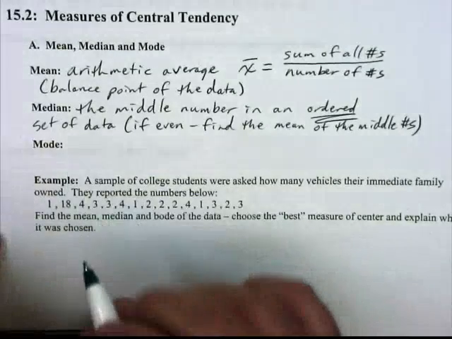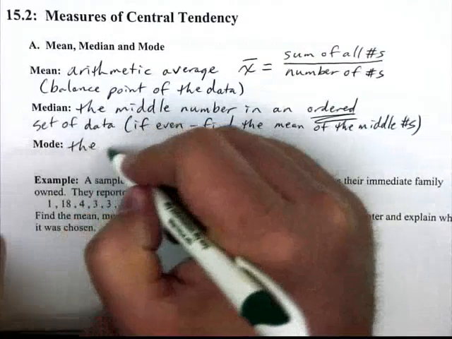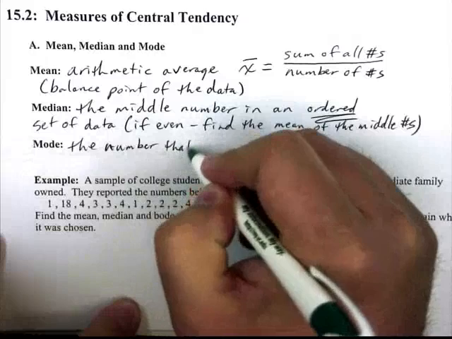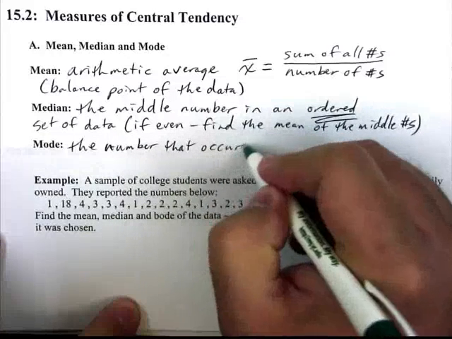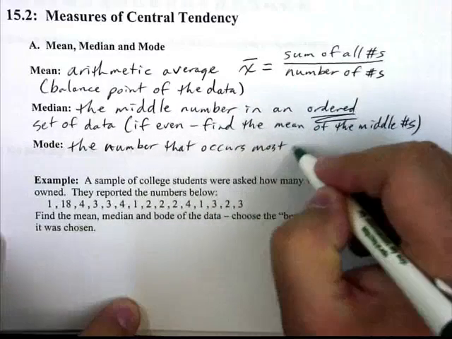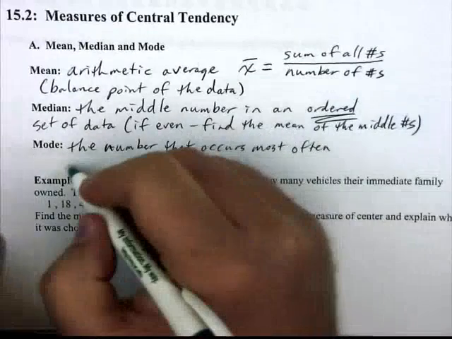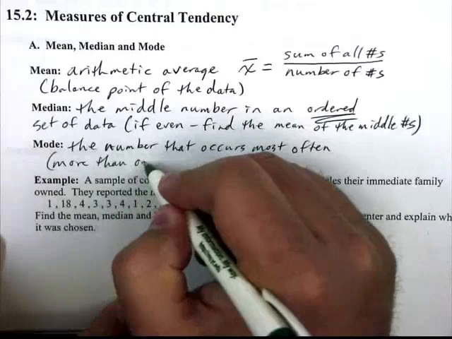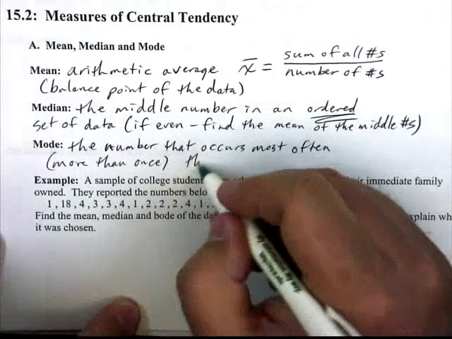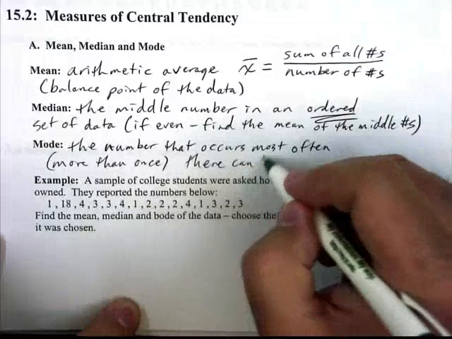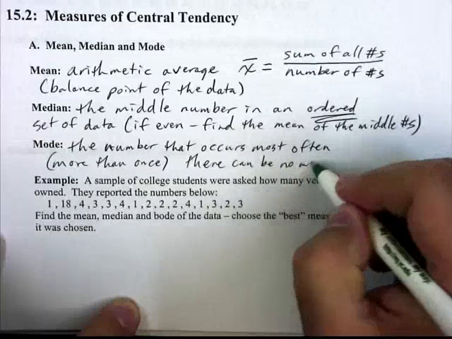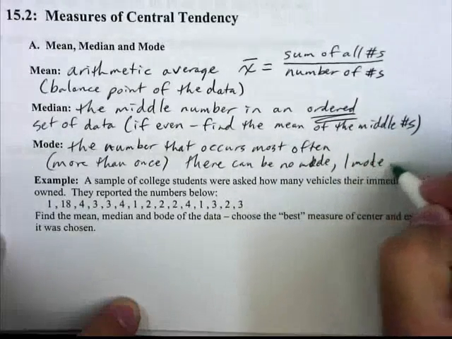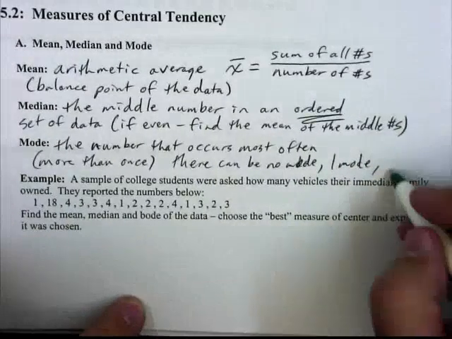And lastly, the mode is the number that occurs most often. And it has to be more than once. And there can be no mode, there can be one mode, or there can be multiple modes.